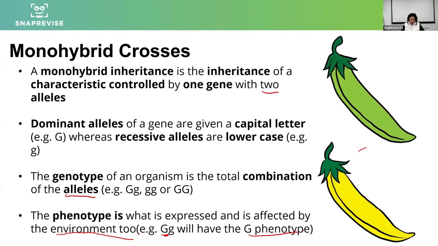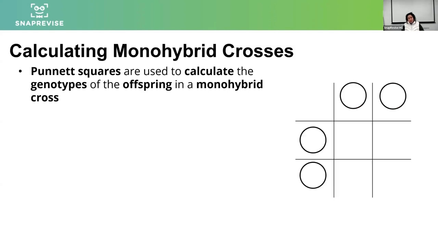In this particular case, sorry, I forgot to say that the capital G is the dominant allele for a green pea plant, and lowercase g is the recessive allele for a yellow pea plant. So using this classical Mendelian example, let's see how we can calculate the offspring ratios.